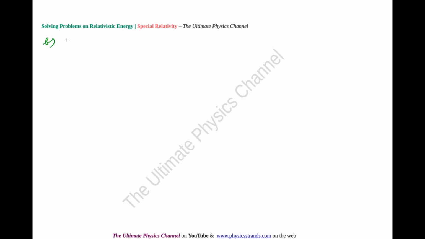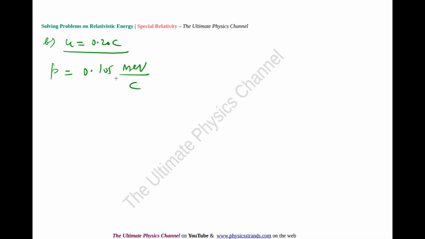For the electron traveling at speed 0.20 c here, that's 10 times higher velocity compared to the previous one. The momentum value turns out to be 0.105 MeV over c. There it was 10.26 keV over c. Here it is 0.105 MeV over c. That means we can say it is in keV also.